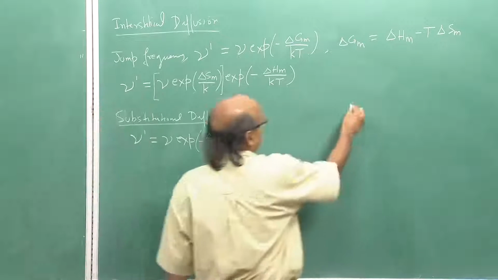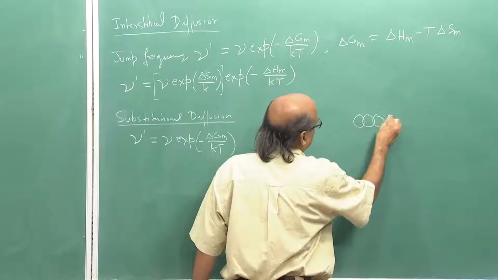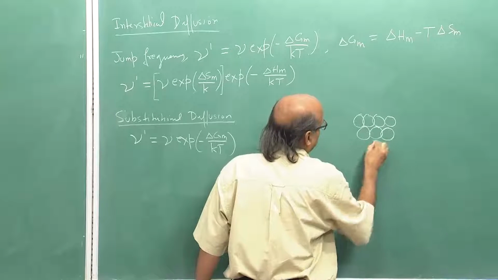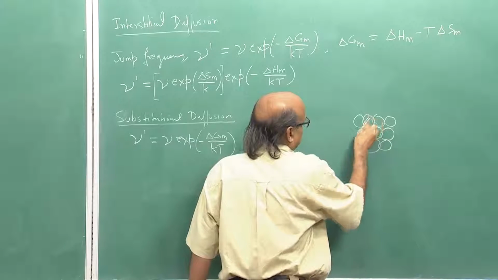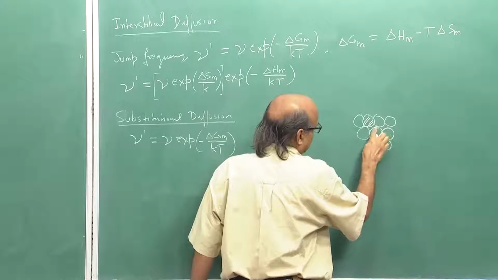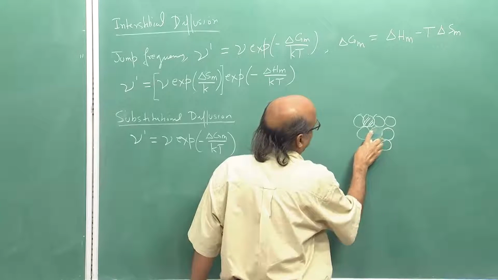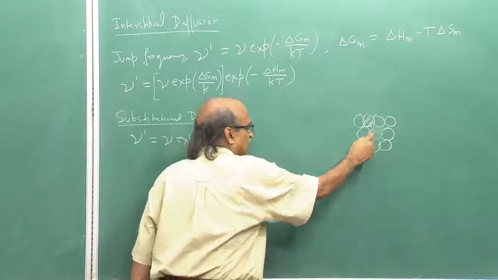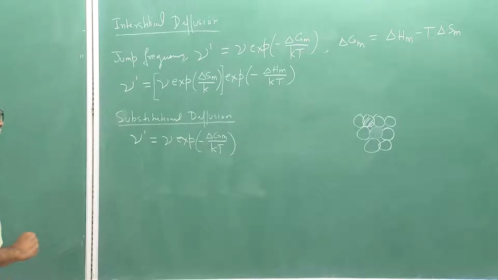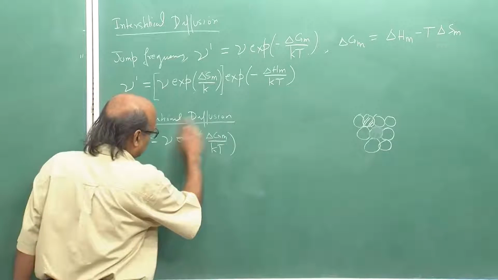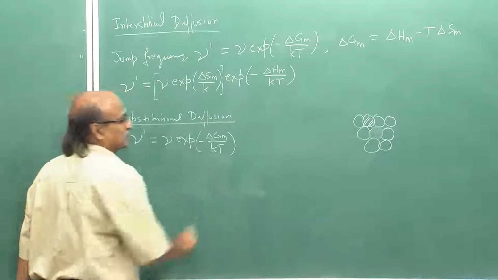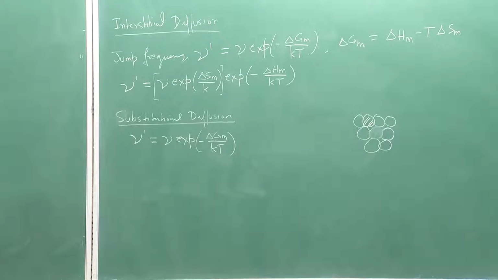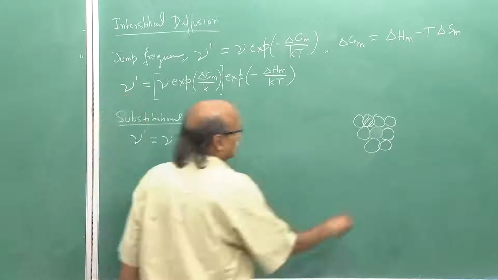So, if I have a solute atom jumping here, this site must be vacant. What is the chance that this site will be vacant? So, therefore, we have to multiply this expression by the probability that the site is vacant.